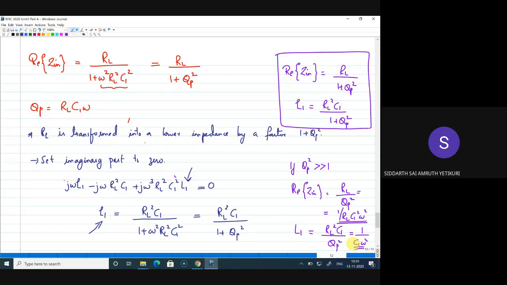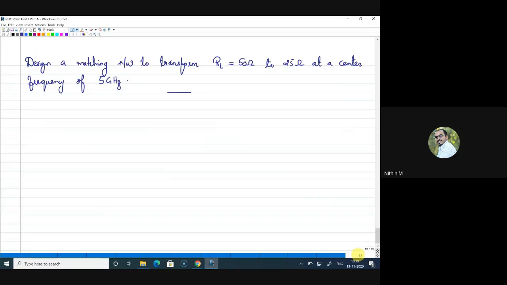Could you show the question, sir? All right, okay. No need to assume the value of C1, Akash, because frequency is given and resistance also is given.